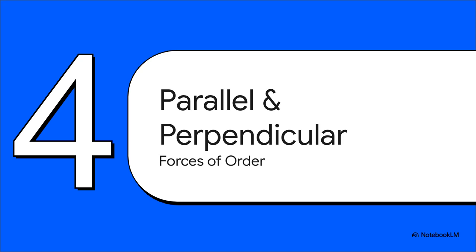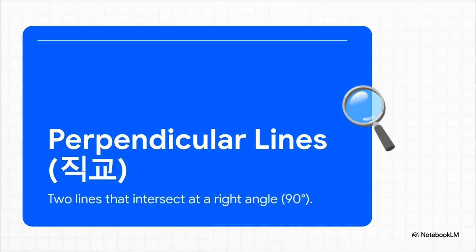So beyond just crossing randomly, lines can have two very special, very important relationships. You can almost think of these as the fundamental forces that bring structure and order to our geometric world. First, you've got perpendicular lines, or 직교. They meet at a perfect 90-degree angle. This right here is the essence of structure.